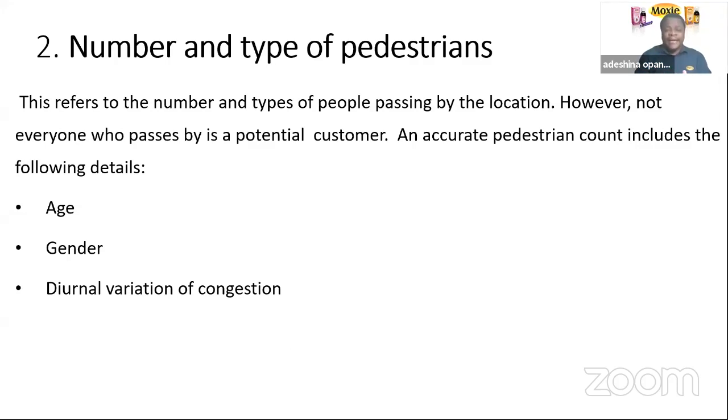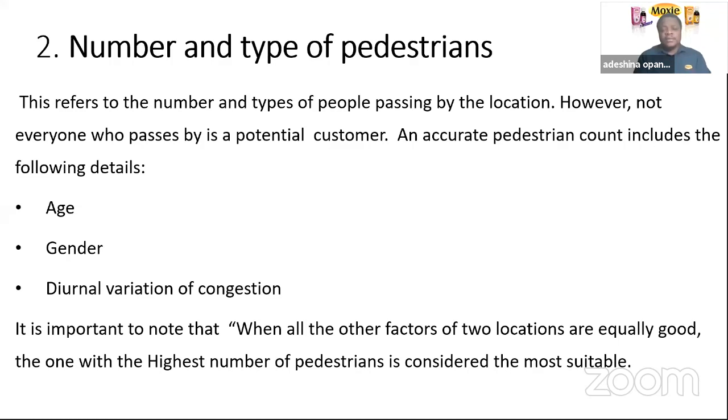So you want to know the age, you want to know the gender, the diurnal variation of congestion. So is it very busy at one time of the day and very light at another time of the day? Those are things you want to know. So please note that if you are evaluating two locations and they are equally good, and the only difference is the pedestrian traffic, please go for the one that has higher pedestrian traffic.